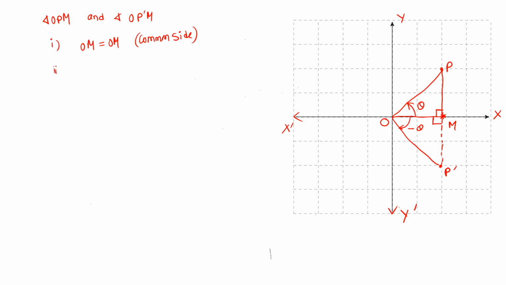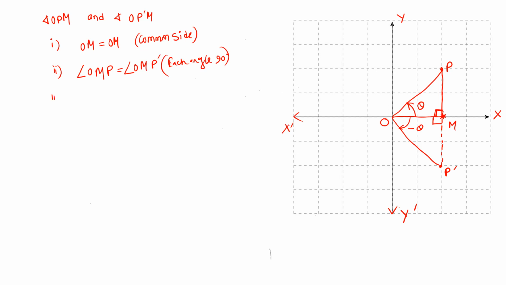And another one, you can see, this is a 90 degree angle, this is a 90 degree angle. So we can write OP equals OP dash, each angle 90 degrees.